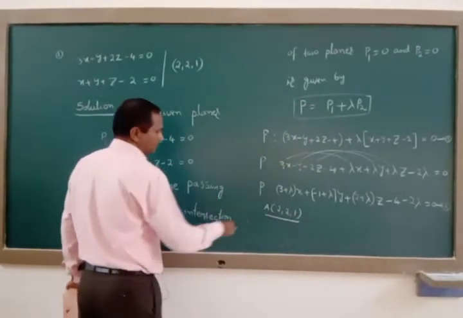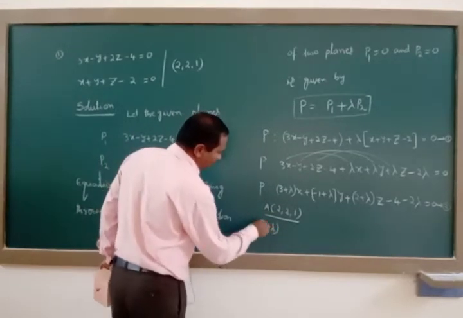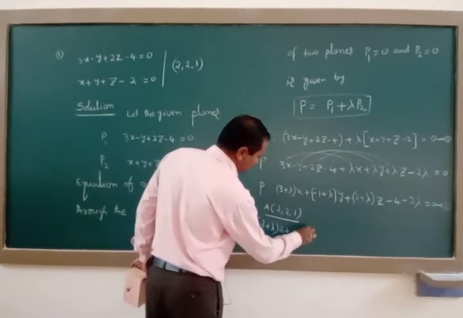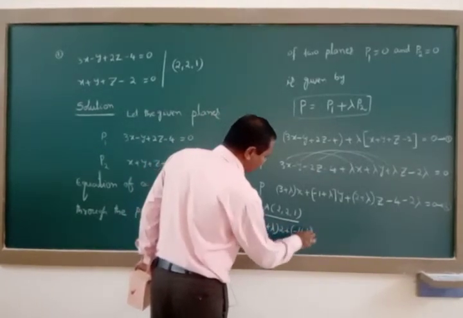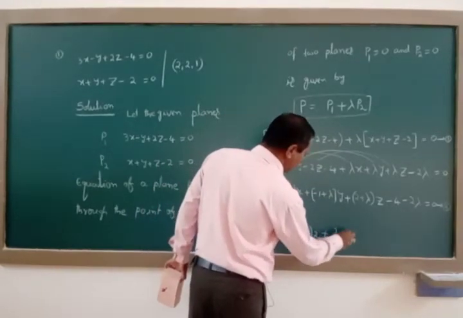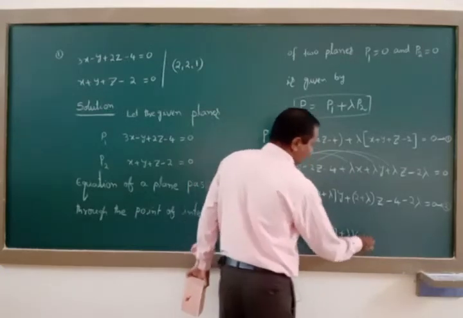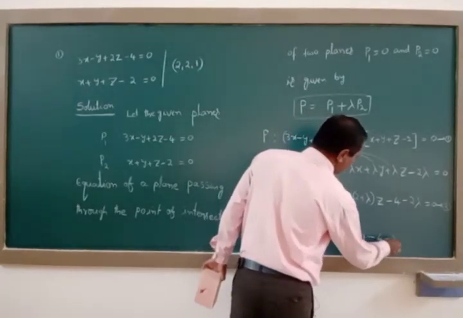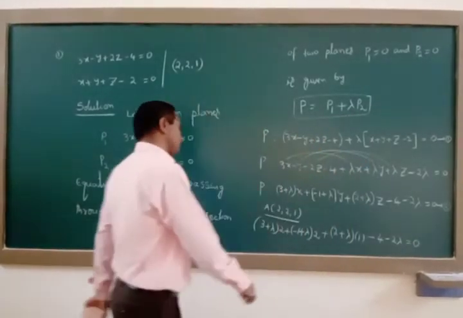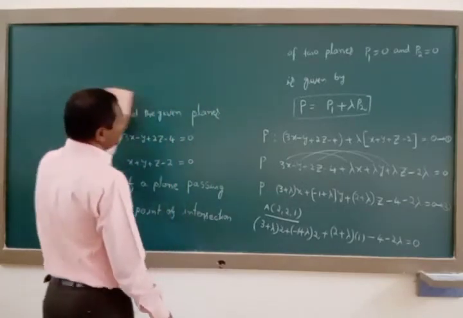That is, substitute here: (3 plus lambda) of 2 plus (minus 1 plus lambda) of 2 plus (2 plus lambda) of 1 minus 4 minus 2 lambda is equal to 0. By putting the values here, you will get the lambda value.